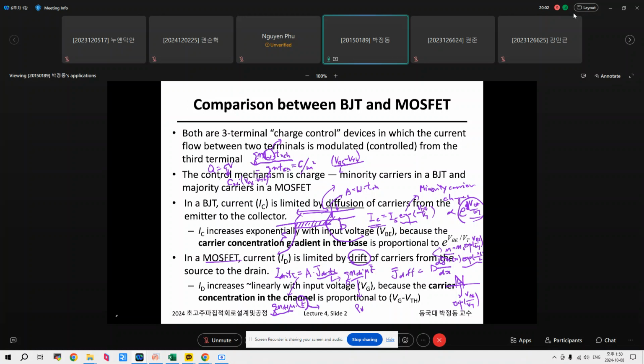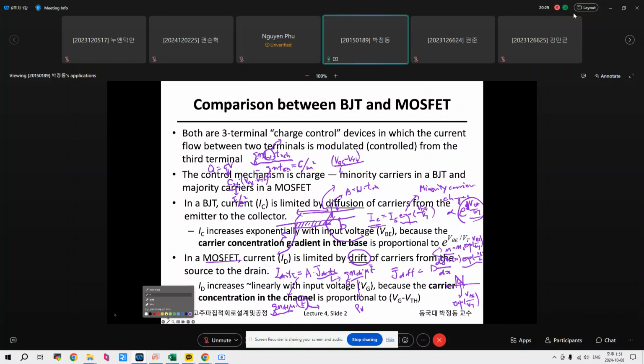So the total charge, if you take a look at this, this is actually farad per centimeter square, right? So which means this Cox multiplied by VGS minus VTH itself, what is the unit of this?